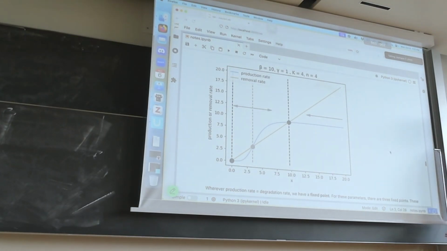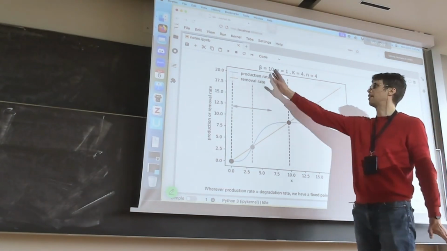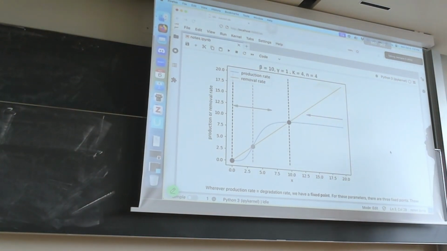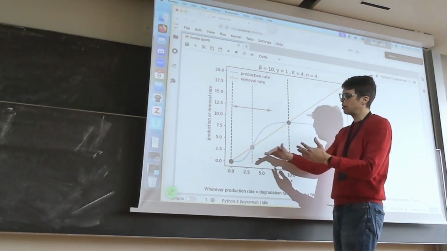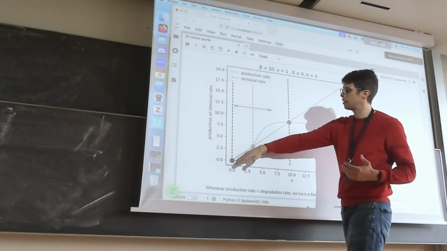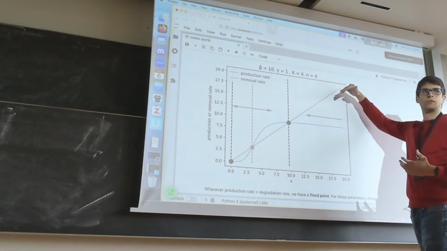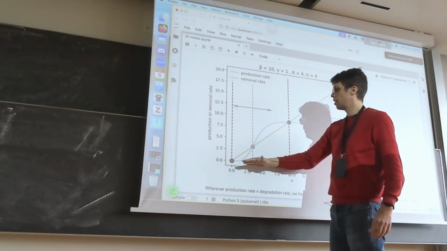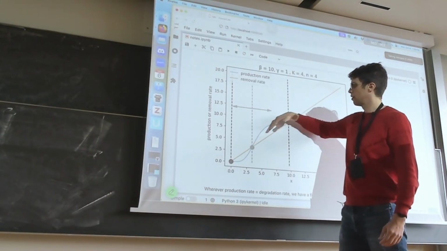This is one set of parameters. Beta 10, gamma 1, k equal to 4, n equal to 4. And what we are plotting here are two different things. We have the degradation rate in orange, just a linear function of x, gamma times x. And here we're plotting the Hill function.